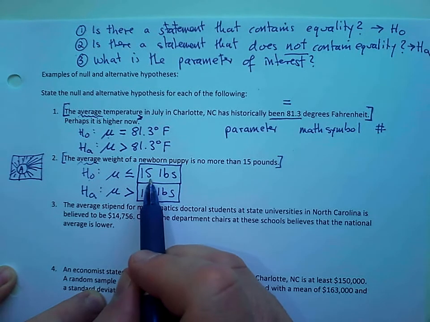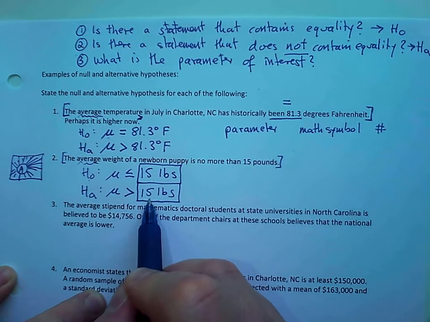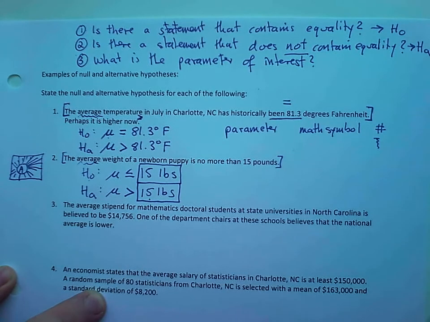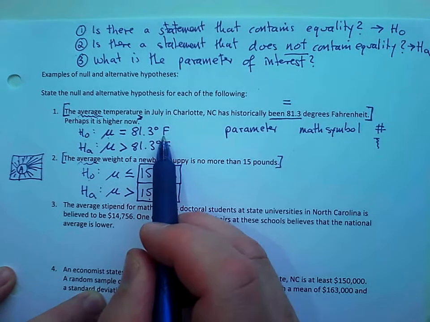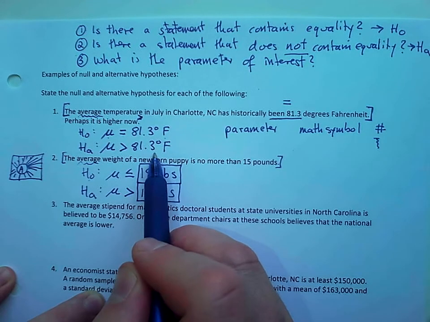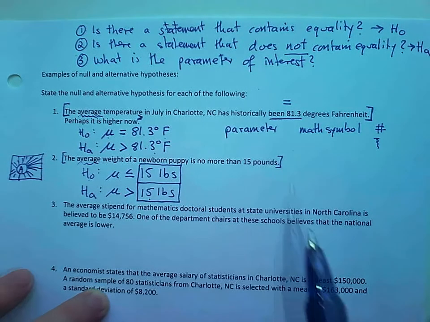If we have 15 pounds here, we have to have 15 pounds here. The number must always be the same. If we have 81.3 degrees Fahrenheit here, we have to have 81.3 degrees Fahrenheit here.